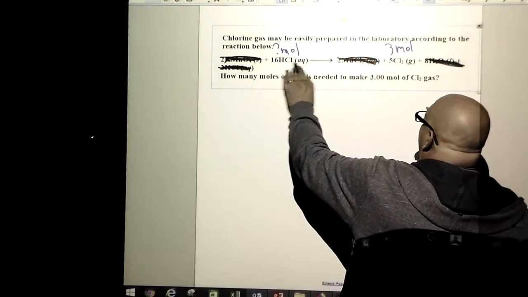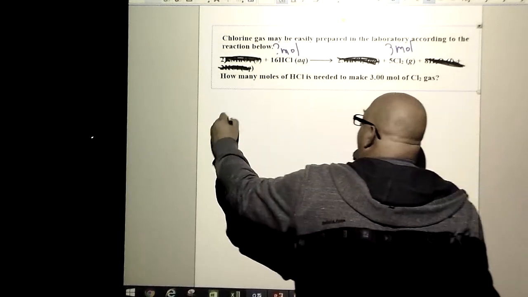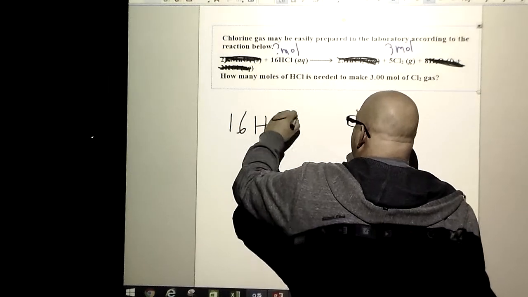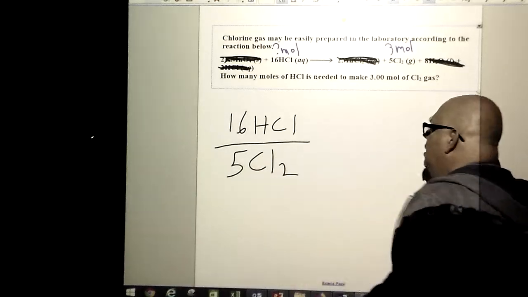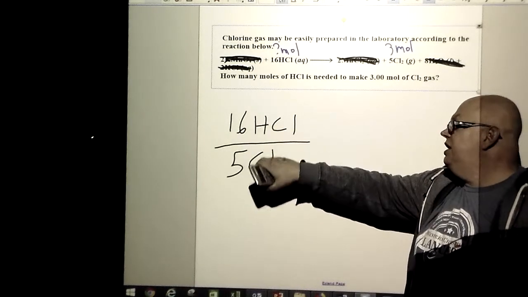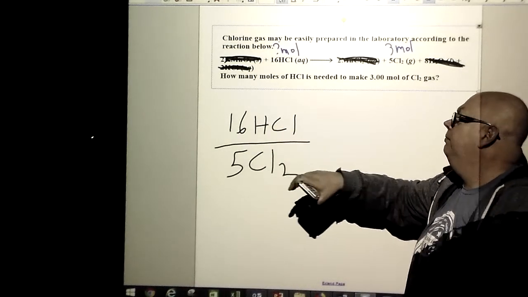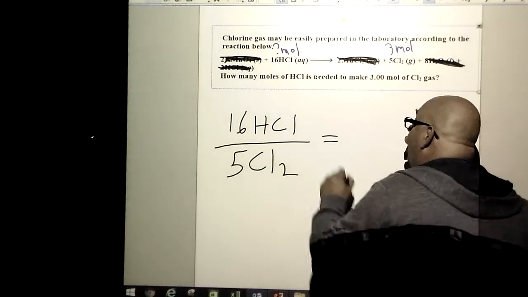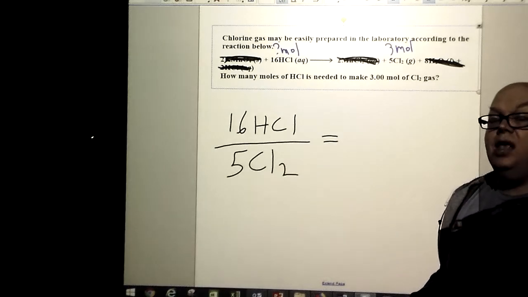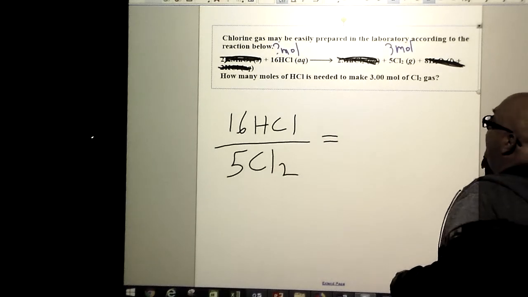So I'm going to look at what my equations are here. I've got 16 HCl, that's a ratio, to 5 Cl2. So that's our ratio, 16 HCl to 5 Cl2. It doesn't matter which one you put on the top or the bottom, as long as you do the same thing on the other side. Okay?